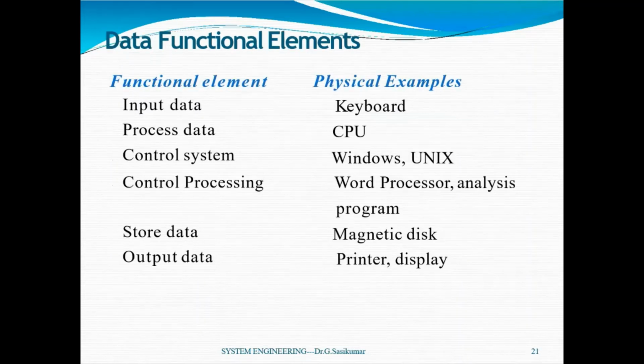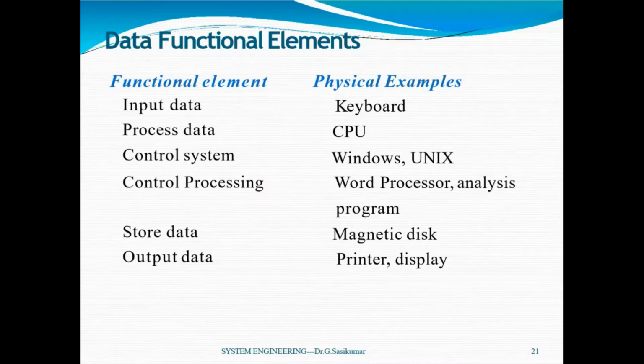And what are data functional elements in a system engineering concept? Input data, the keyboard, we need a keyboard in a computer, and the CPU which processes the data, and the operating system, Windows, we are using to control the system, and the word processor we are using to control the processing, and where we store the data, the magnetic disk, and how to take the output, we can use a printer and display.